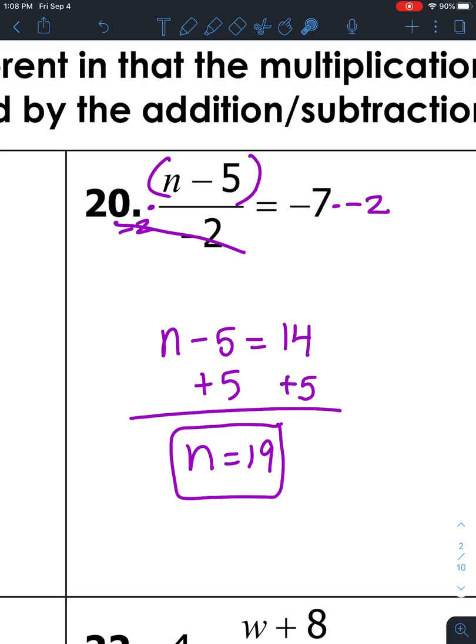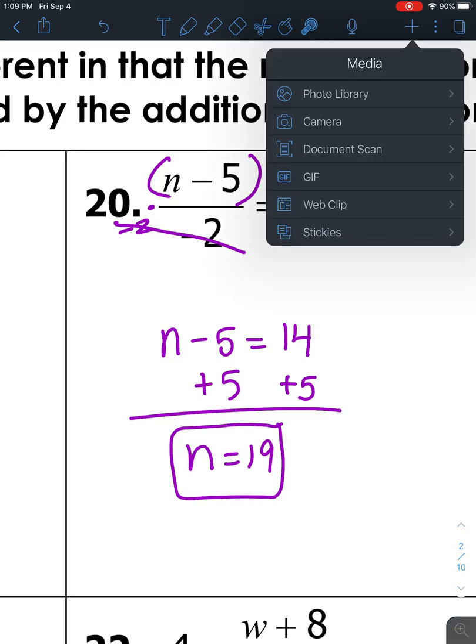You did 9 plus 4 is 10 instead of 5. Or 9 minus 4 is 10 instead of 5. So stuff like that is super easy to fix, but we just have to know where we're fixing it. And if you just tell me n equals 19 for these problems, I don't know what you did wrong, right? I have no idea. All right, go ahead and do big ideas and come see me in office hours.